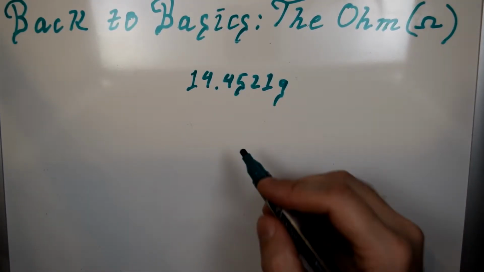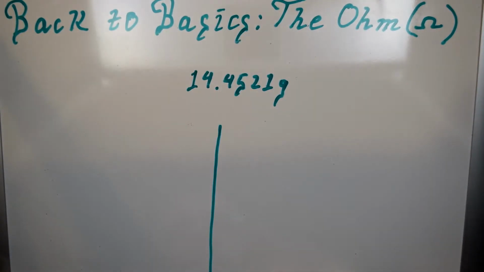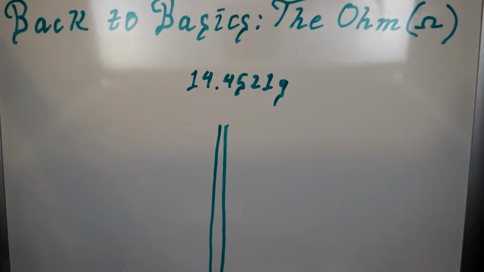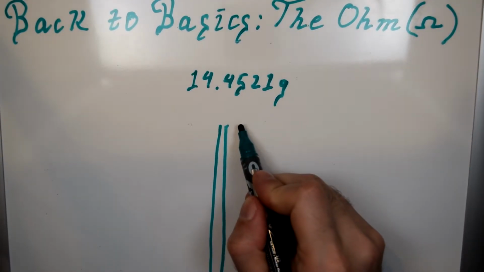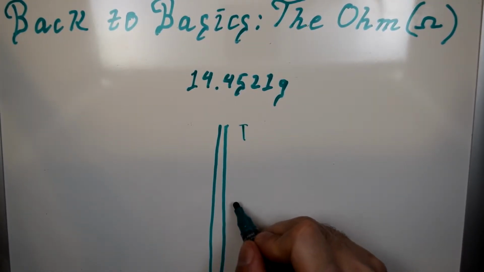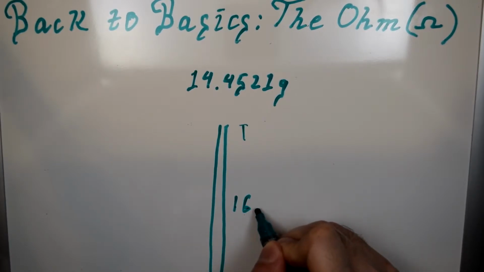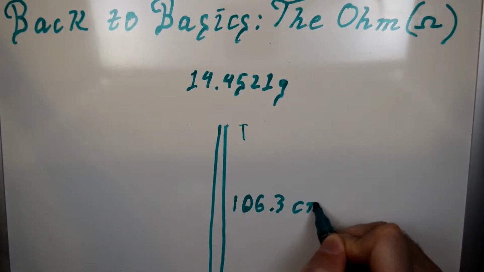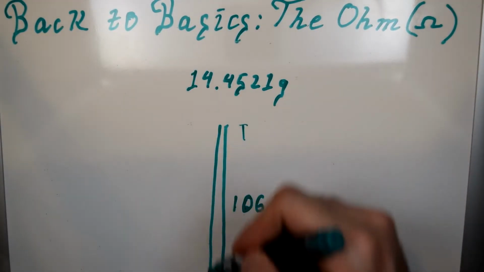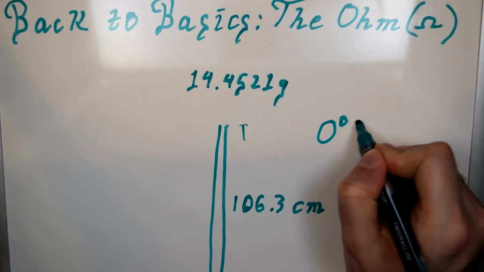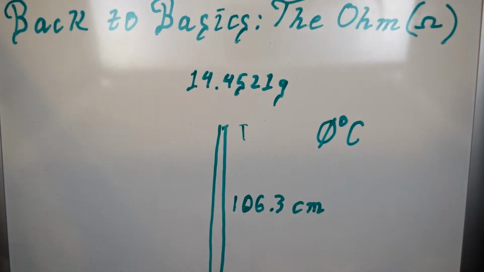Then you need to construct a column of continuous cross-section. This would not be a good example of that because that is not continuous cross-section. And that column needs to be 106.3 centimeters long. And then you need to pour your mercury in there and cool it to 0 degrees Celsius. And then you measure from here to here.